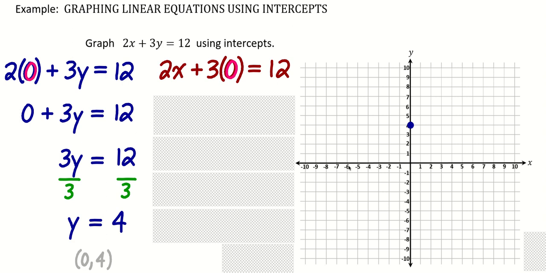If your x-intercept was -6, doesn't that mean -6, 0? If your x-intercept was 3, wouldn't that really mean 3, 0? The y value is always 0 for x-intercepts. This is perfect. So it's a very straightforward strategy, is it not?